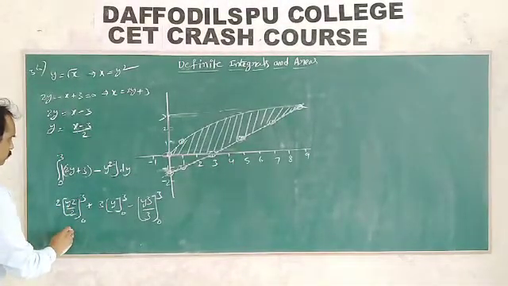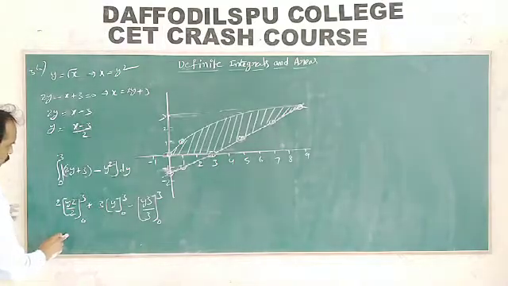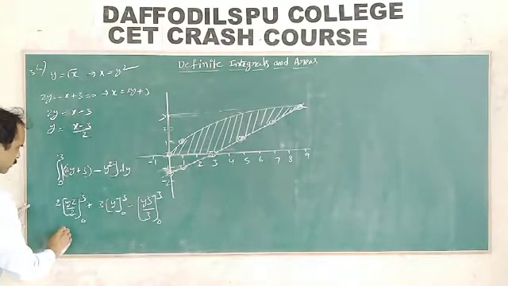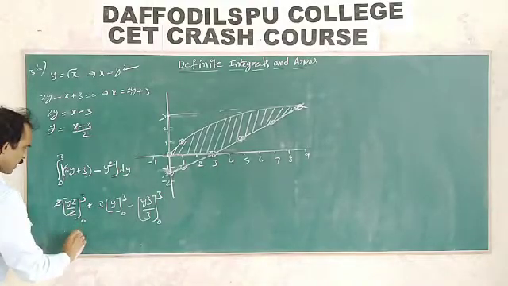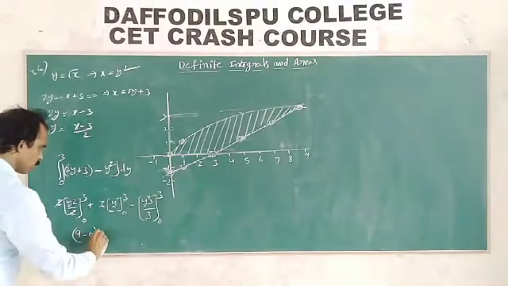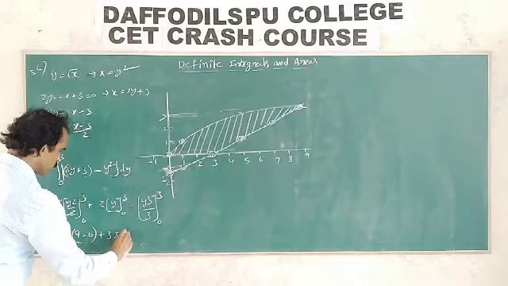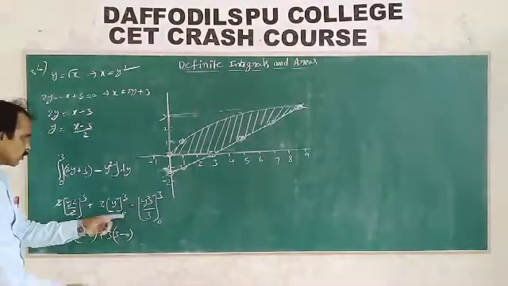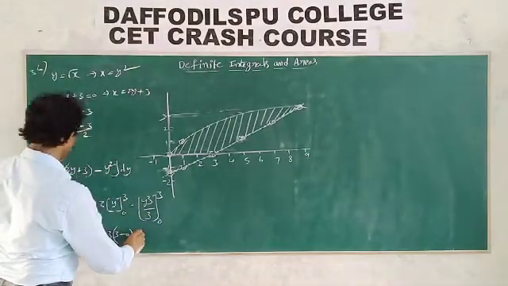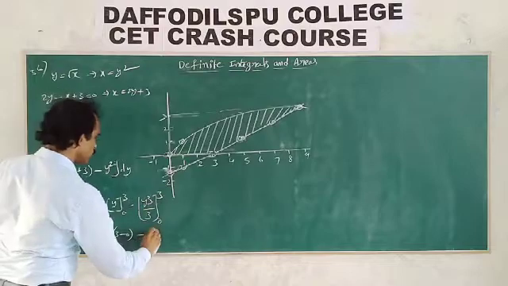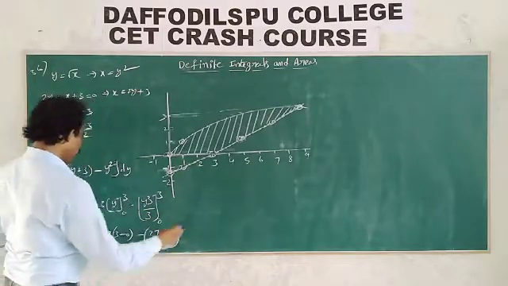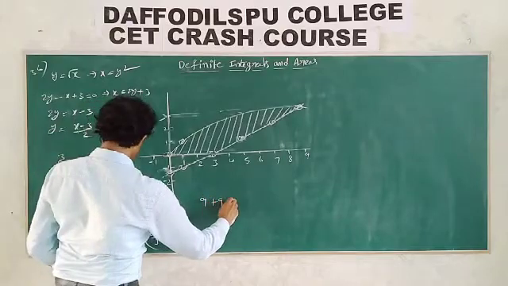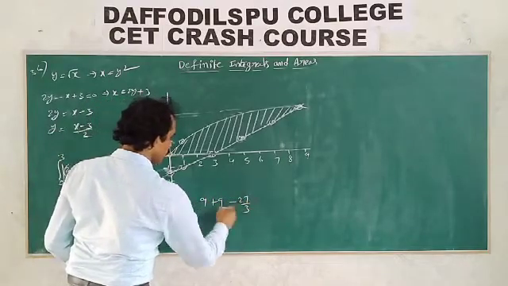Then this value: 9 minus 0, plus 3 of 3 minus 0, and 27 by 3 minus 0. Therefore 9 plus 9 minus 27 by 3.